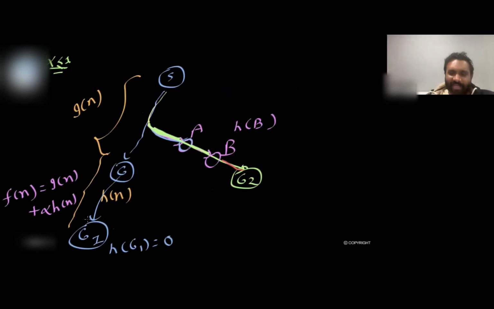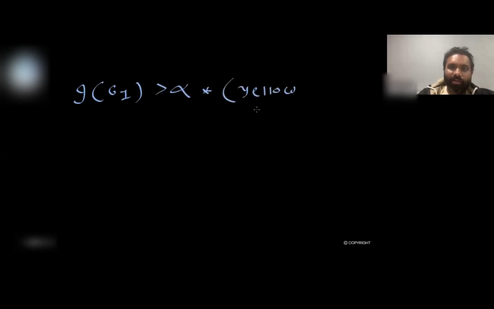So when you are expanding G1, you consider the contradiction that the G value of G1 is strictly greater than alpha times the optimal path value, that is yellow plus green plus red. If such a thing happens, then I will not explore G1 first. I will explore B first. So there is again a contradiction.